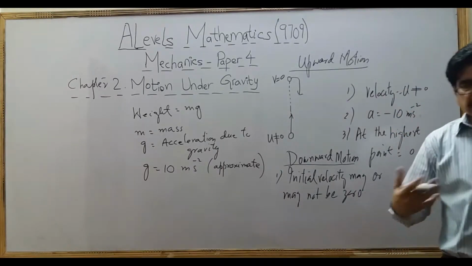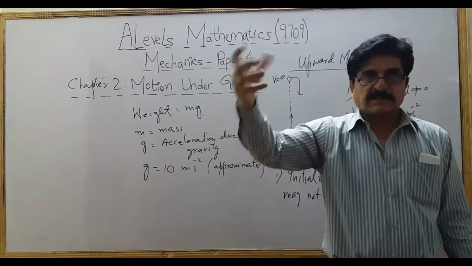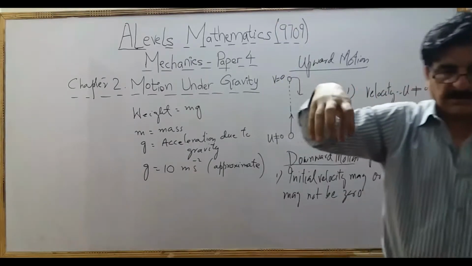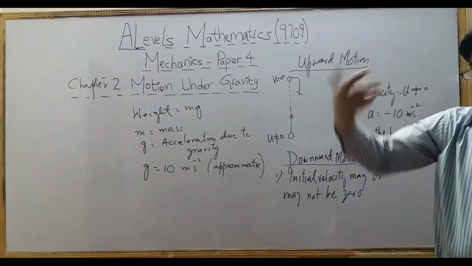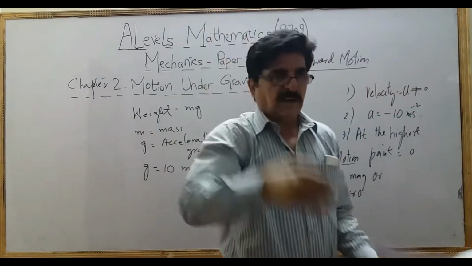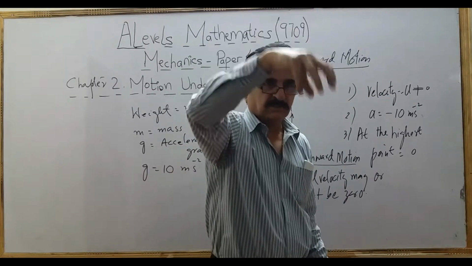But when you will see that if it's stated that the ball or particle, stone is dropped or it is dropped from rest, then initial velocity is 0.